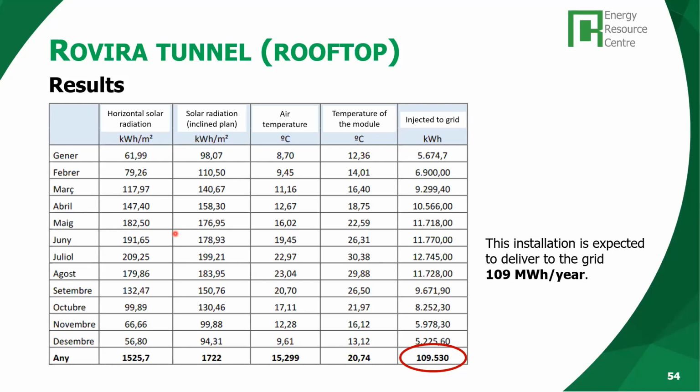But if this module gets heated up, then the voltage output reduces a little bit. So yes, in the summer there is higher production because of the higher irradiance, but slightly lower module efficiency because of the higher temperature.